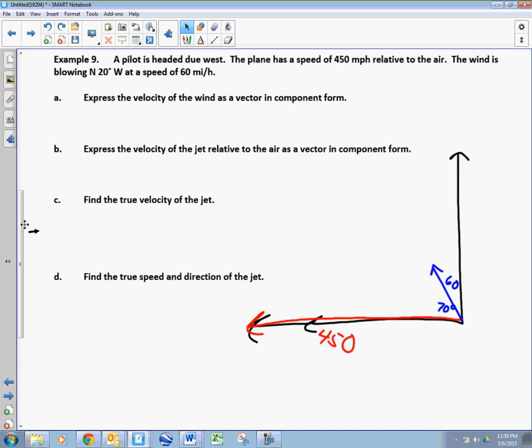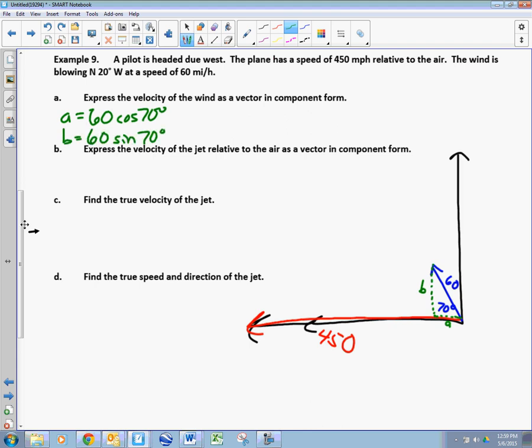So I want to express this wind as a vector in component form, where this is B and this is A. The horizontal component, A, is 60, the magnitude, times the cosine of 70, and B is 60 times the sine of 70. Let's calculate those both real quick and put them in component form.